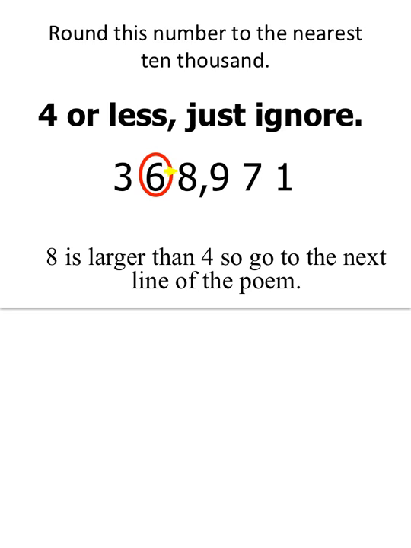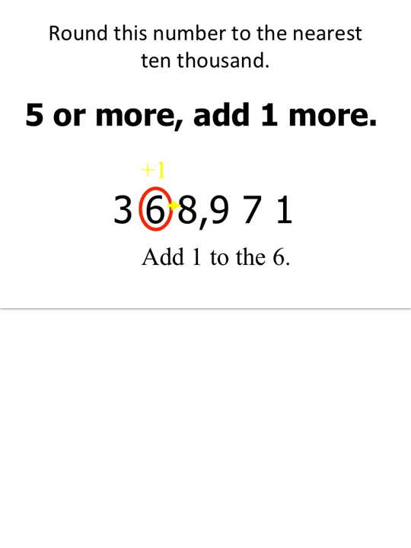If I'm rounding the number to the nearest 10,000, I think of that poem. 4 or less, just ignore. Well, the 8 is larger than 4, so if I go to the next line of the poem, do you remember what it says? That's right. The next line says 5 or more, add 1 more. Since 8 is bigger than 5, we're adding 1 to the circled 6.